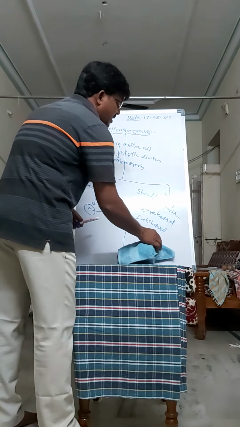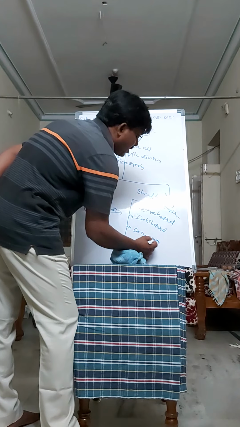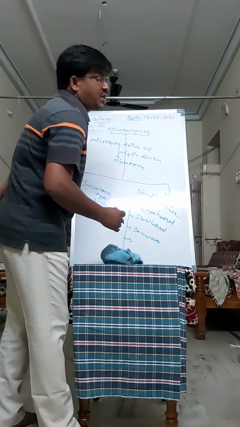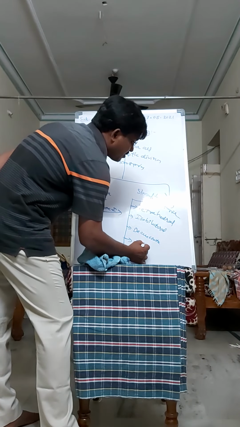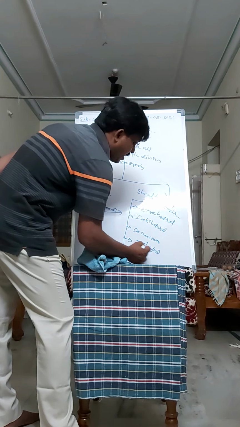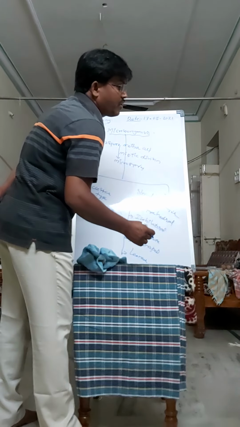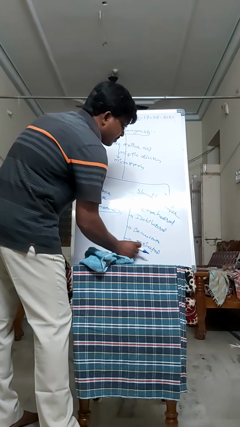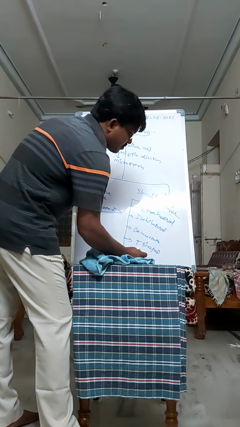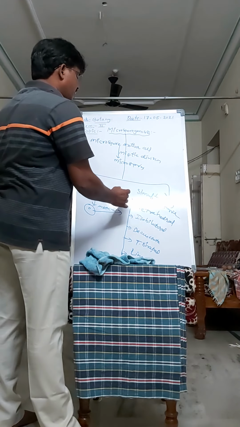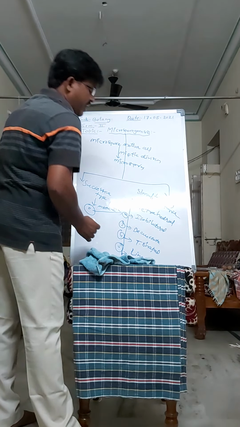The fourth one is T-shaped, and the last one is linear type. So this is 1, 2, 3, 4 and 5.